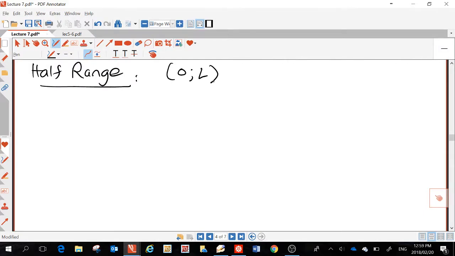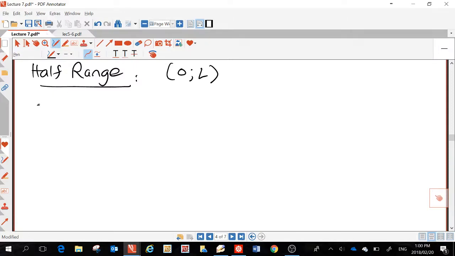If it repeats every 100 units, then it's half range. That will be clear from the question. Another way it becomes clear is if they say find the Fourier series, then you take it to be the full range. If they say find the Fourier sine, or Fourier cosine, then you take it to be half range. But you'll see that in some examples.